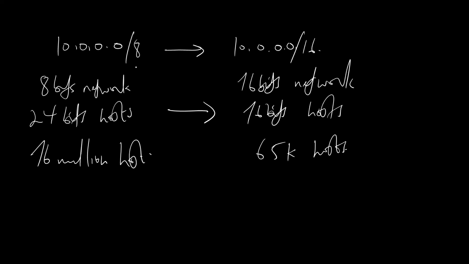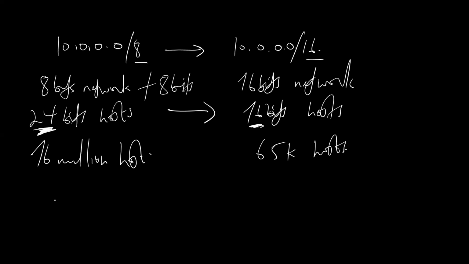Me moving from /8 to /16, it means I've borrowed 8 bits from the host portion. Initially, I had 24, and if I borrow 8, I'm left with 16. The number of bits that I borrow from the host portion will help me in creating the number of subnets that I need.